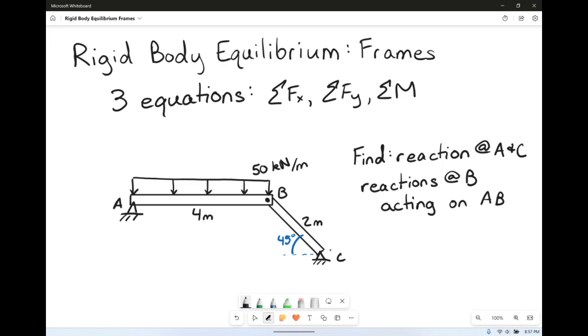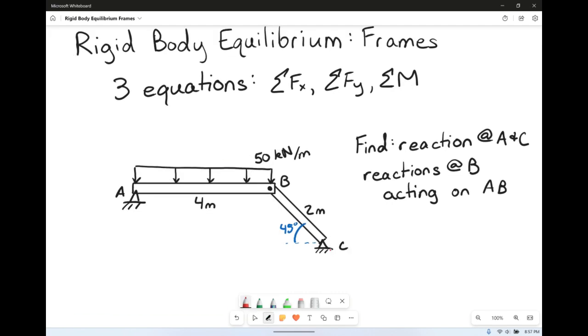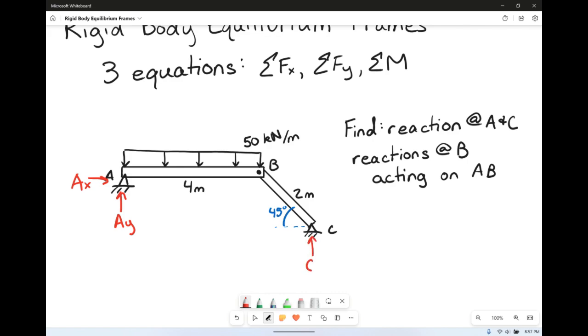If we're looking at this and we have our three equations, let's start by drawing our reaction forces. We have a pin at A, so we have AY and also AX. We have a pin at C, so this is CY and also CX.